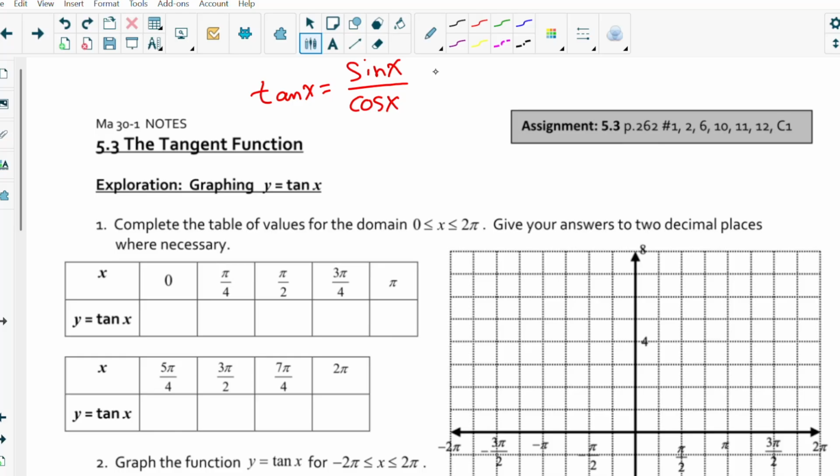So sine of 0 is 0, cosine of 0 is 1. So y equals tangent of x at 0 radians is 0.